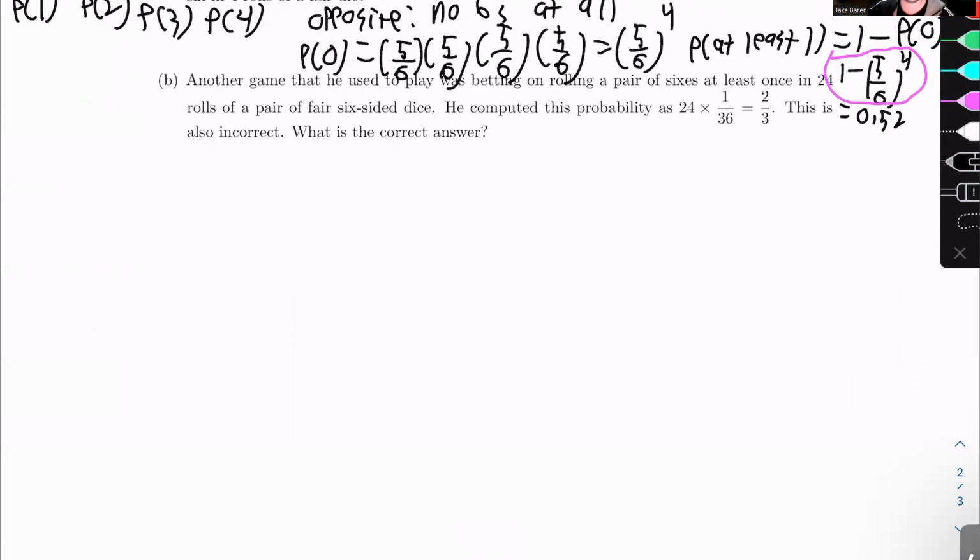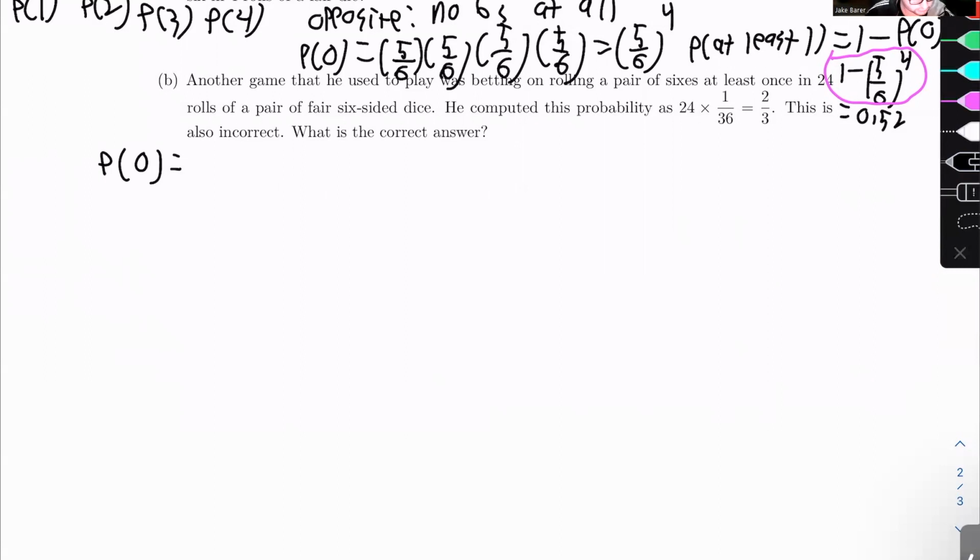So first we need to find the probability of 0 pairs of 6s. The way we can do this is a little bit different, but same logic. How many different combinations of 2 dice rolls are there? This is the key to this question.